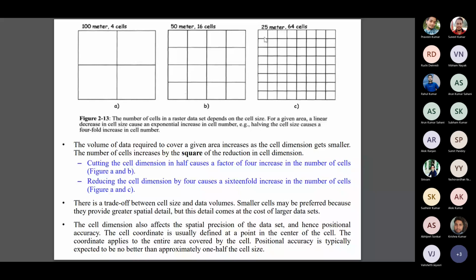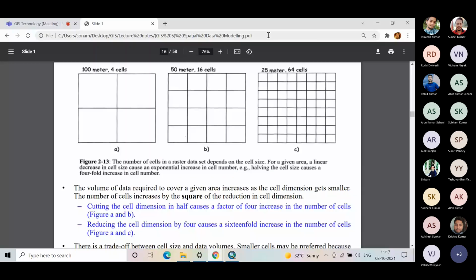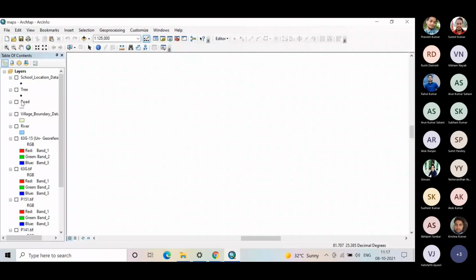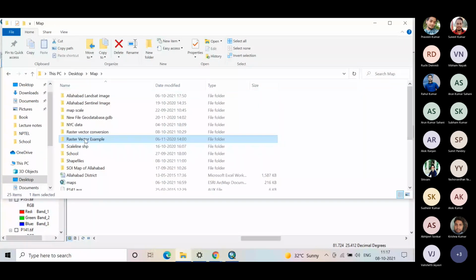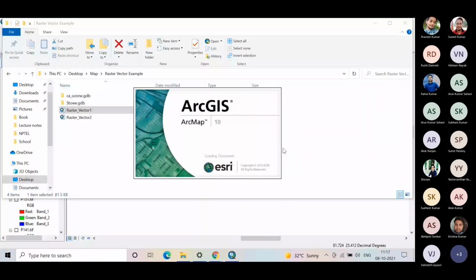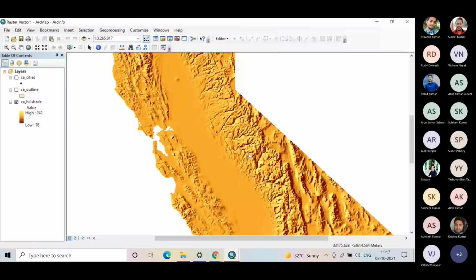If you zoom in, I will show you this example. On the screen, you can see that this one is raster data. You can observe the grid over here.